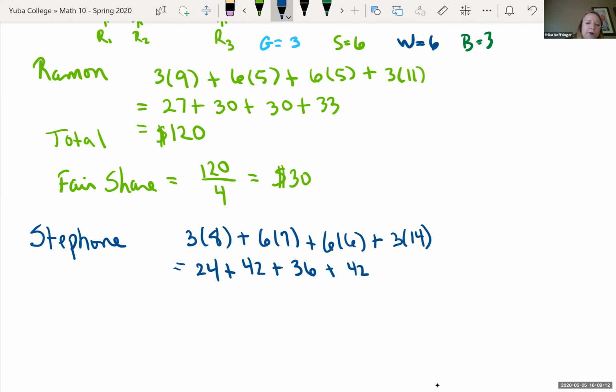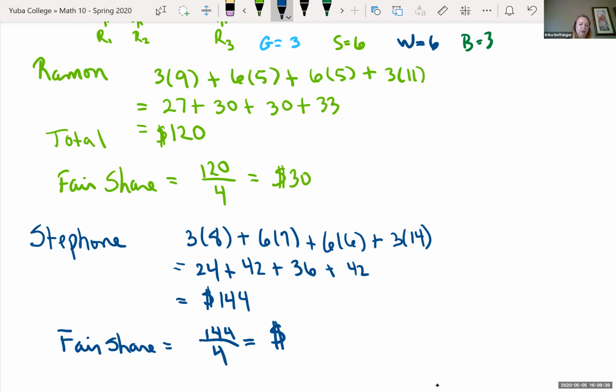And this is $144. So Stefan believes that the comic books, all of them, are worth 144. So his fair share is equal to 144 divided by the 4 players, which is equal to $36.